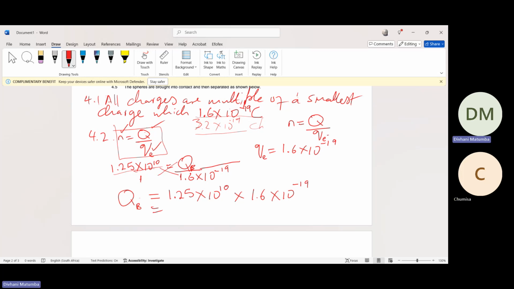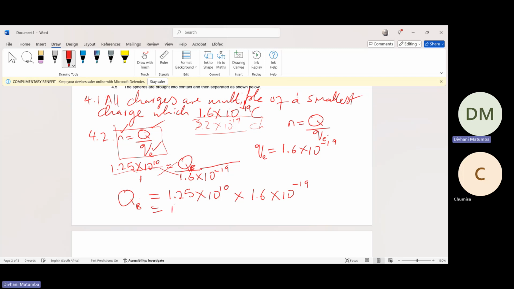1.25 times 10 to the power of 10 times 1.6 times 10 to the power of minus 19. So it is going to be 2, 4, 6, 8, 9.